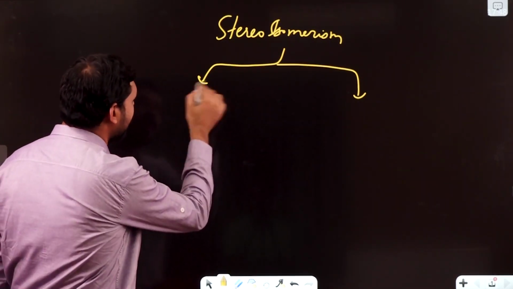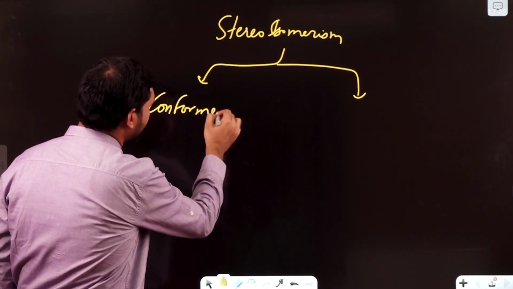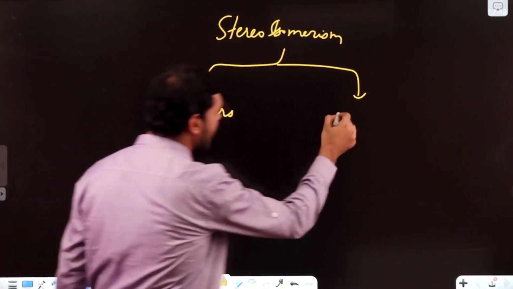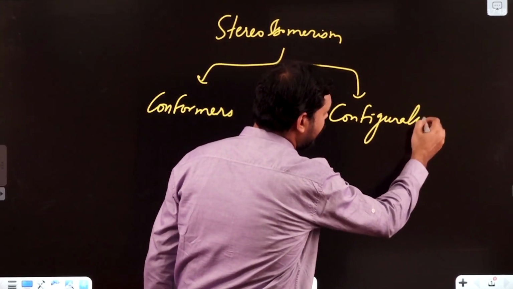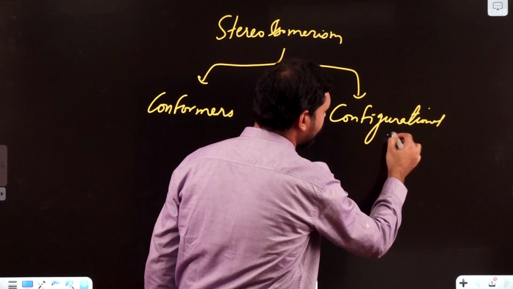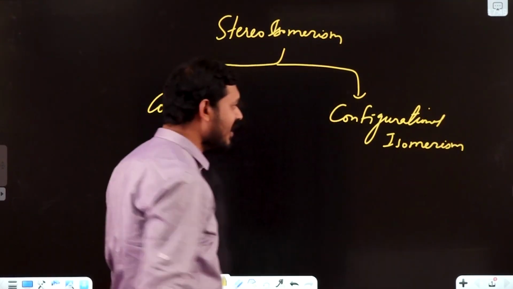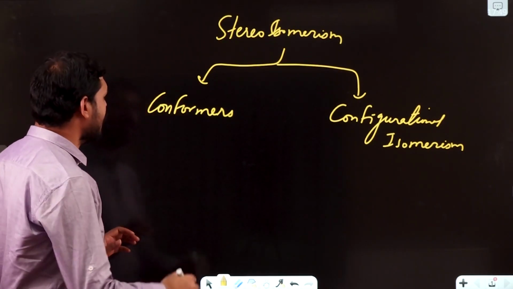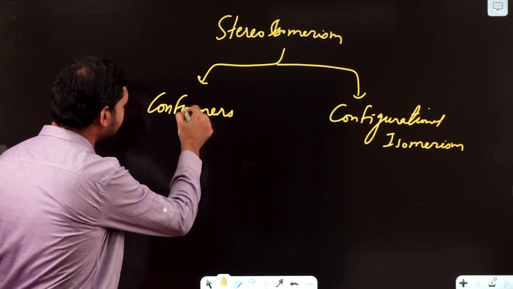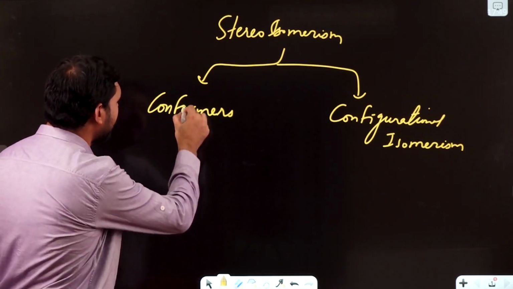Stereoisomerism was again of two types, conformers and configurational isomerism. Now, conformers were mainly due to the free rotation across sigma bonds.